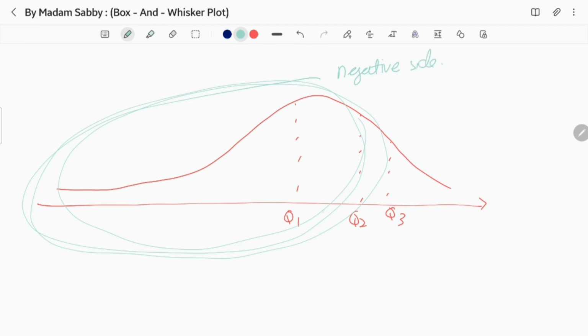The difference between Q1 and Q2 is delta 1, and between Q2 and Q3 is delta 2. If we calculate, delta 1 is larger than delta 2. So in this case, we call it negatively skewed data.